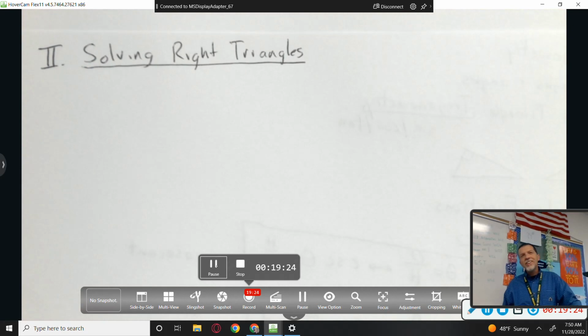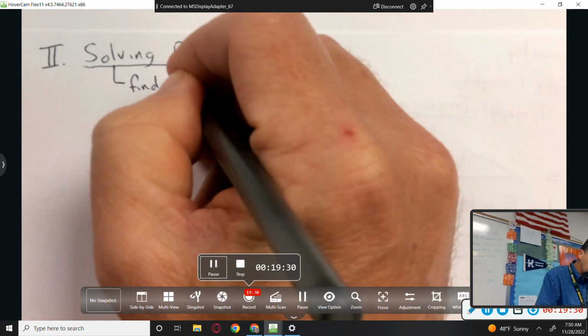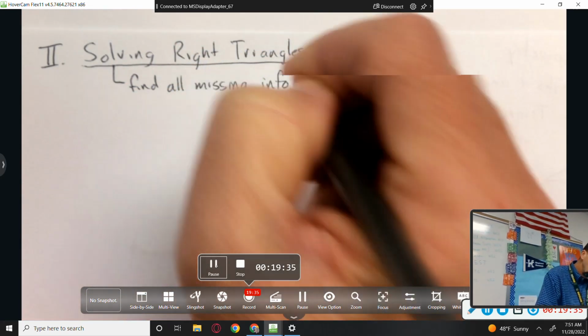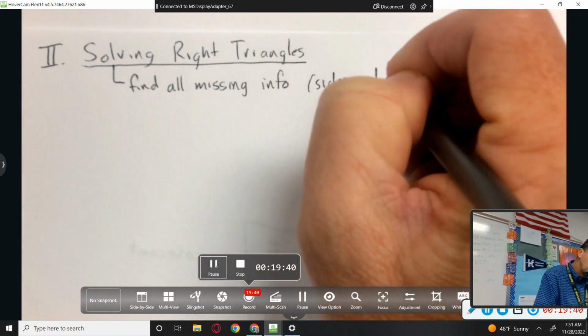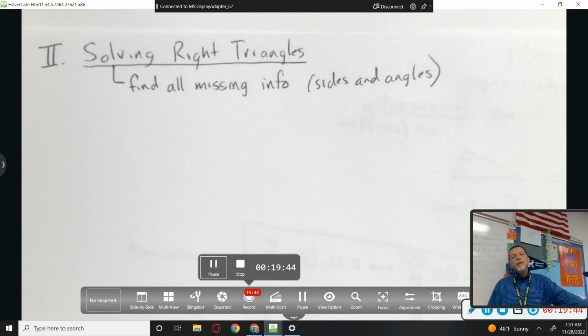Solving right triangles is sort of the fancy way that math teachers ask you to find all missing info, meaning sides and angles. So rather than on each problem saying find side A and angle B and angle C, we just say solve the right triangle. And that means find all the missing stuff.